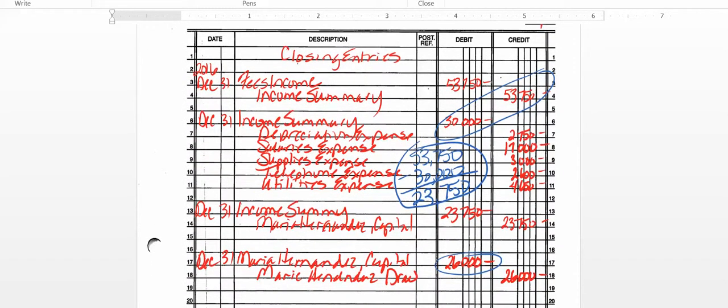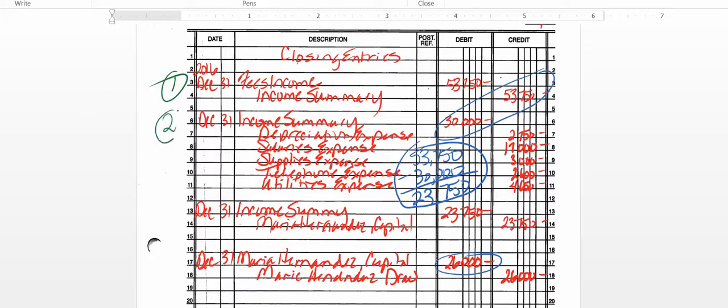Okay, so just kind of a review. Step 1, I'll go green. Step 1 is to empty out the revenue account. So you empty out the revenue account by debiting fees income, and you just look at your balance and you make an entry on the opposite side, and you use the income summary account for the first time to hold that second entry.